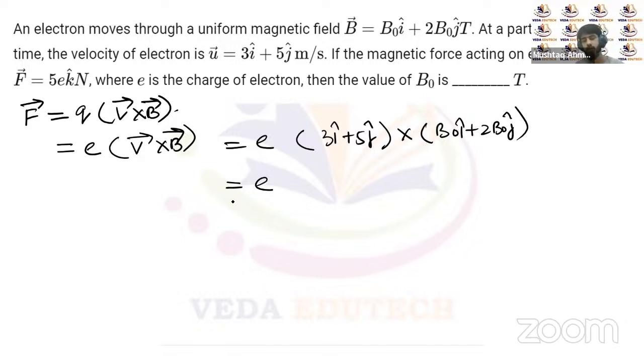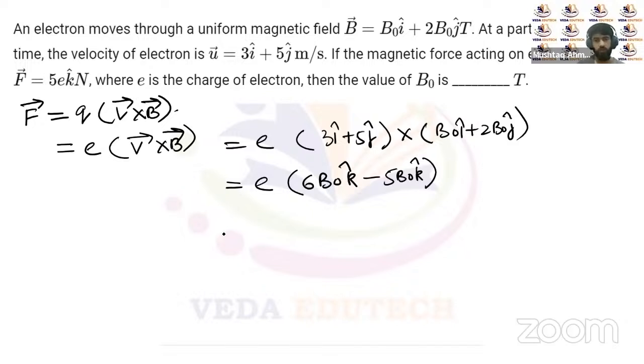Now i cross i is actually 0, and i cross j will give us k cap. So 3 into 2 will be 6 B naught k cap. Now j cross i has to be minus k, so it will be 5 B naught minus k cap. And j cross j will be 0.